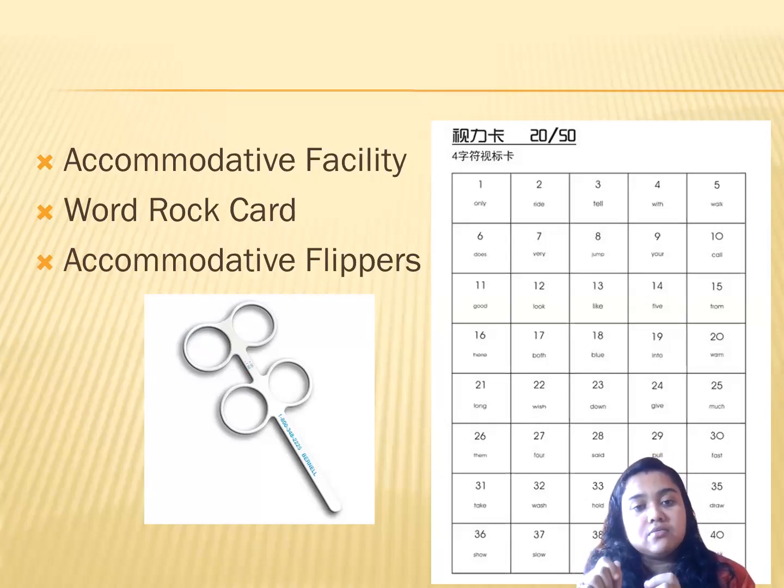So when we are recording the accommodative facility findings, what are we recording? We are recording how many cycles per minute the patient can clear in one minute. Also, whether there is any difficulty to clear the plus lens or the minus lens.